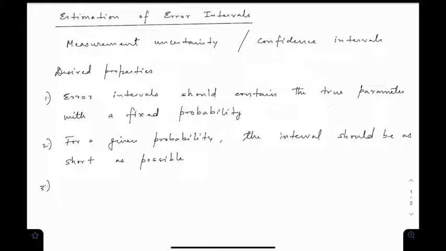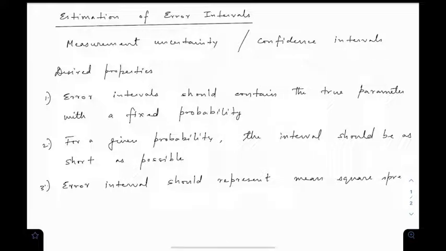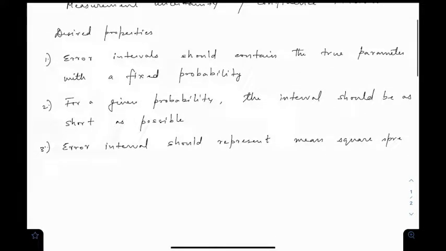Now, the error interval should represent the mean square spread of measurements around the true parameter value.